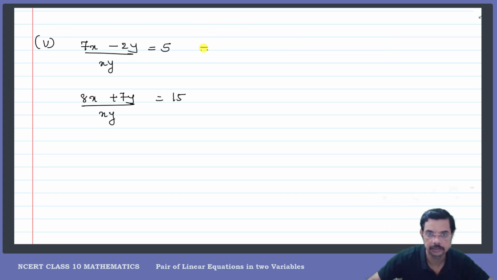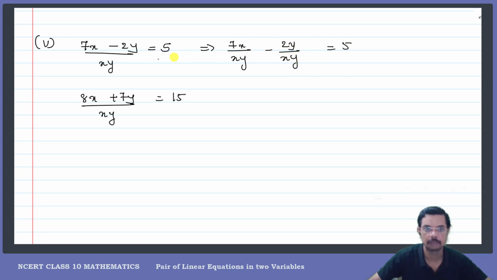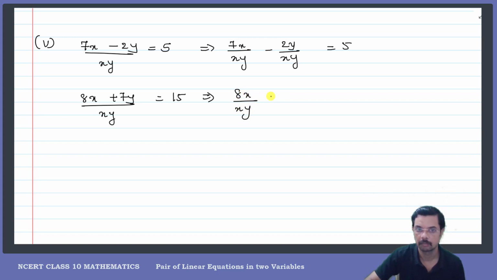I can write this as 7x by xy minus 2y by xy, and in the second one also, 8x by xy plus 7y by xy, equal to 15. Here is 5 and here is 15.